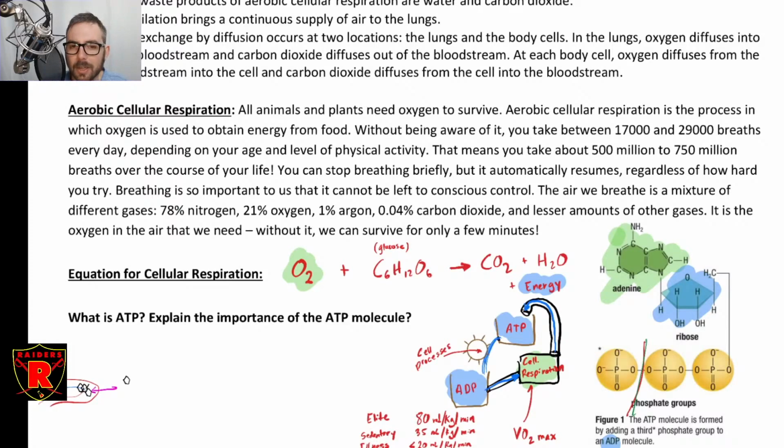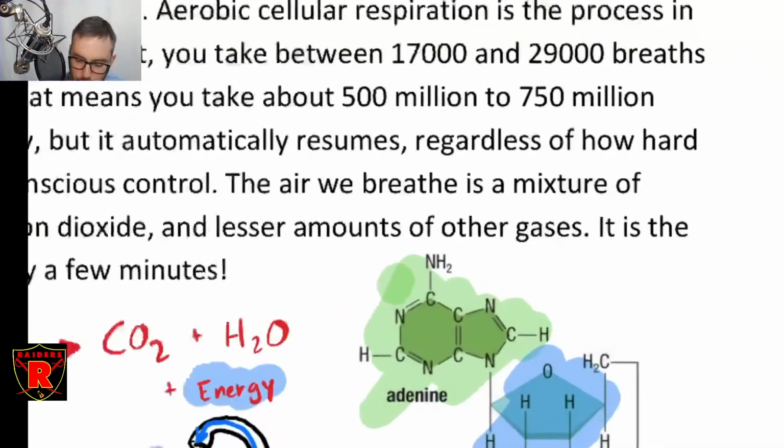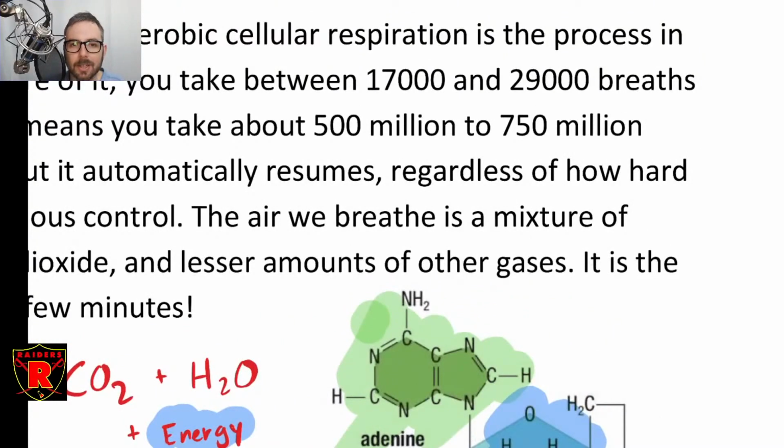So in order for us to get that oxygen to our cells, we have to pump it. We've got to send it in. It's actually not so much of a pumping. We're not pumping it in, but we are refreshing the oxygen or the air that is sitting around our alveoli. And we'll get into the anatomy of that in a second. But in order to do that refreshing, you need to take somewhere between 17,000 and 29,000 breaths a day.